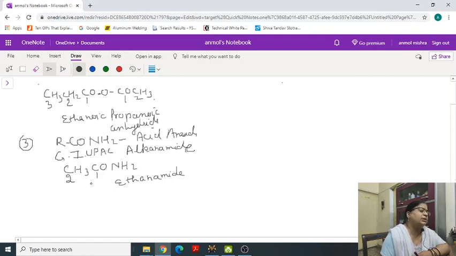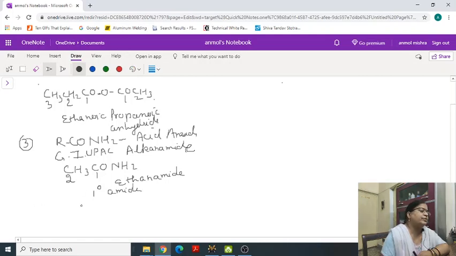Now these amides are of 3 types: primary, secondary and tertiary. If one alkyl group is present, it is called primary amide.